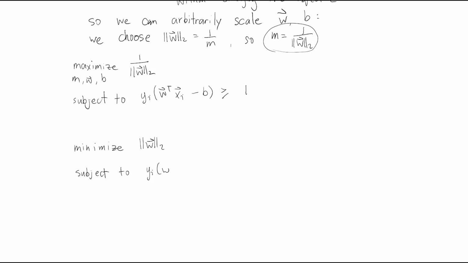yi times w transpose xi minus b greater than or equal to 1. And in fact, we can make this even nicer, because the 2 norm of a vector is non-differentiable at the origin, which is not so good for optimization sometimes. Although it's not too big of a deal, we can still make it nicer by squaring the objective to remove any non-differentiable points.